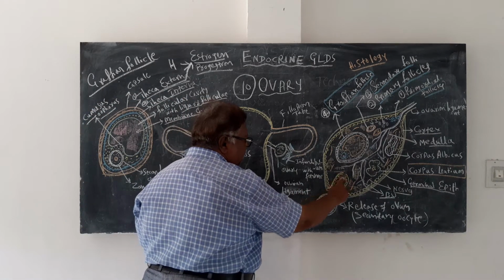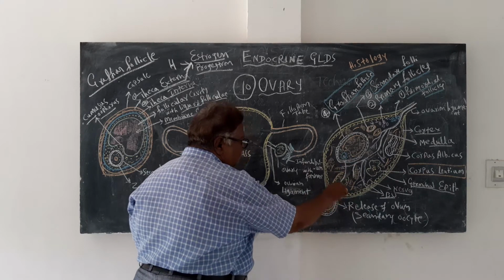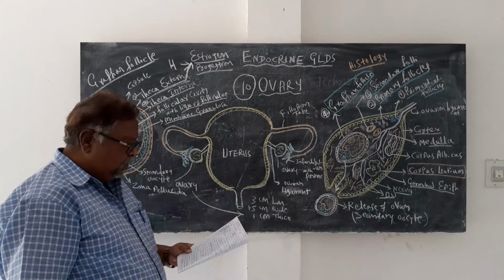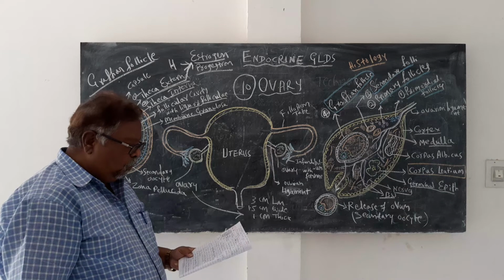It will rupture here like this, and the oocyte is released into the peritoneal cavity. This process is called ovulation.